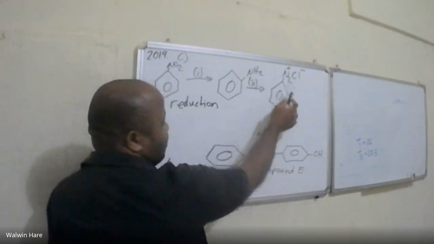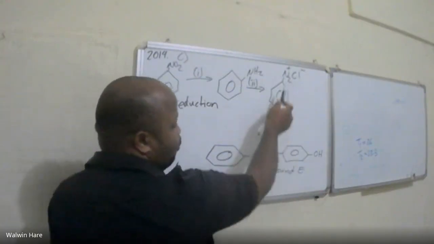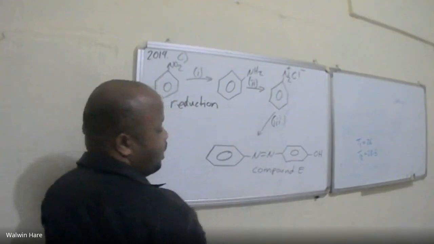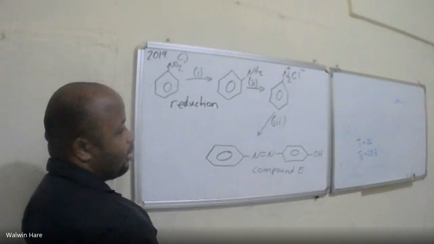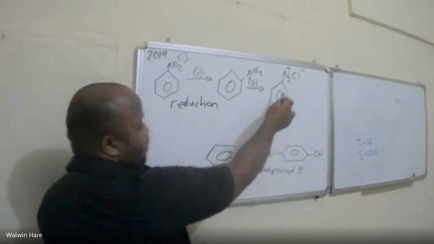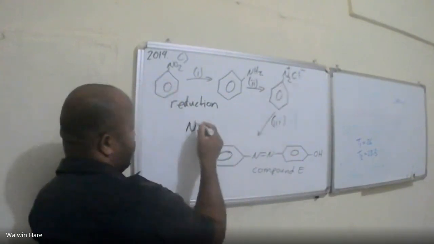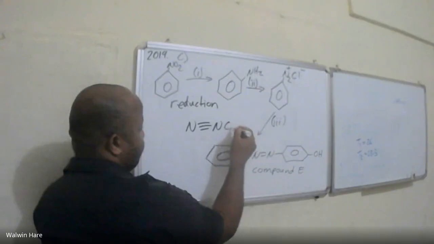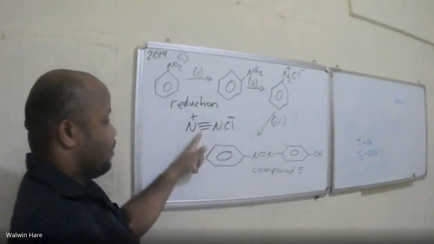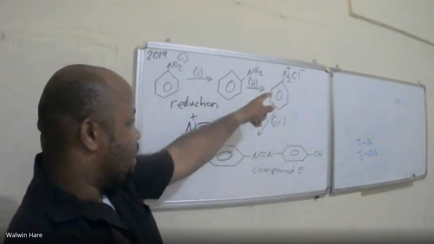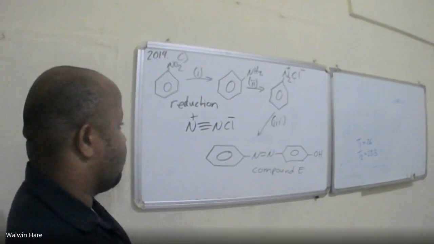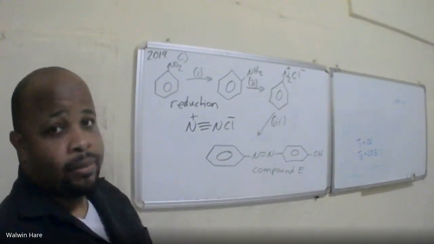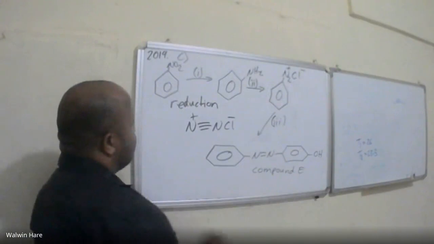Even though the past paper chose to put it like this, can you tell me which structure it is, or which compound? So the N2Cl, it's this. Once you see this on the benzene ring, which compound is that? It starts with a D, we just did it.